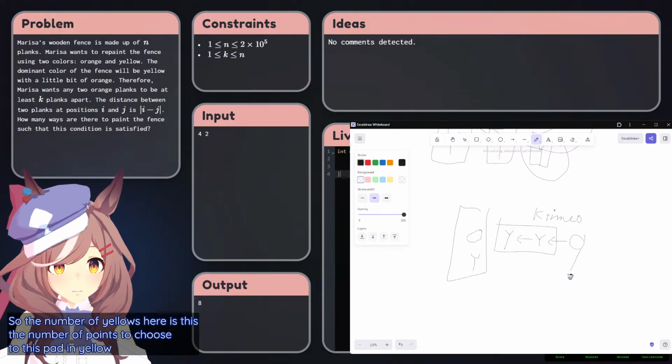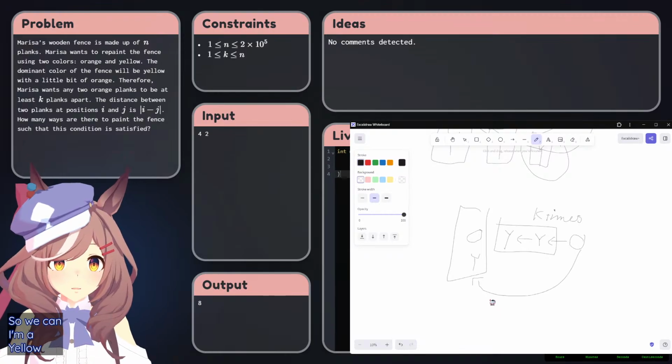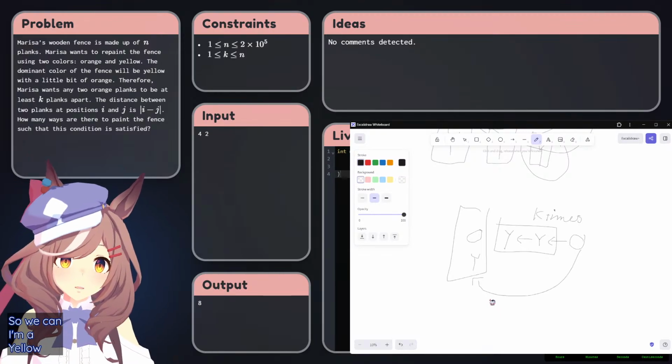Okay, so we can count the number of configurations here, I think.